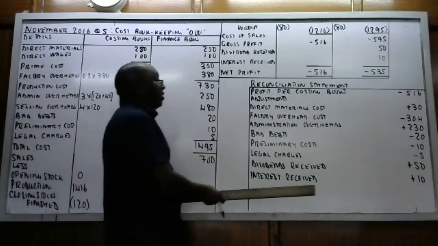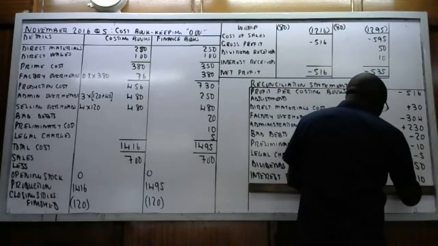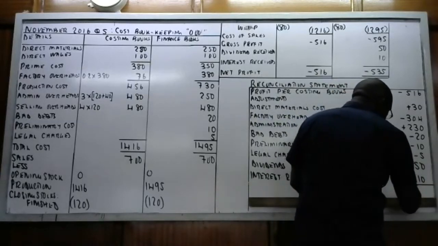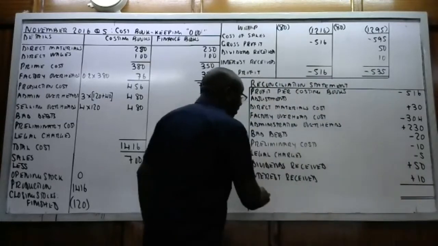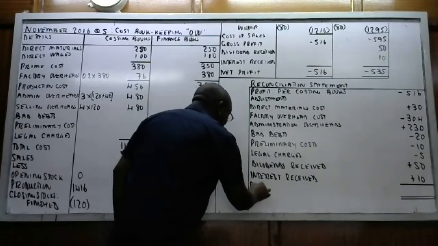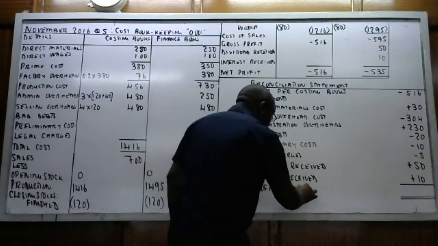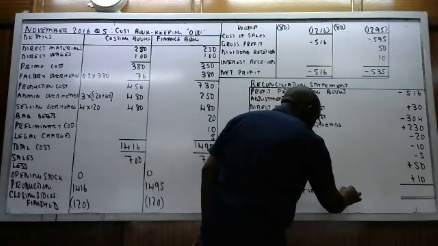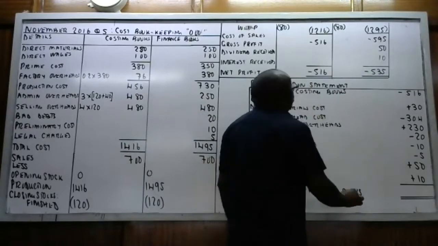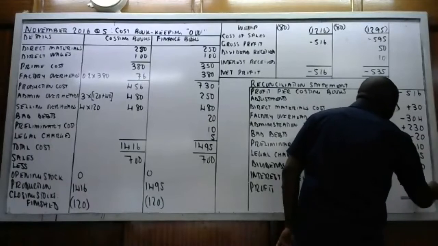So with that now, if everything has been done well, you should be able to get profits per finance books, which was minus 535.